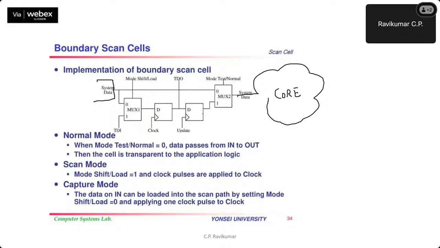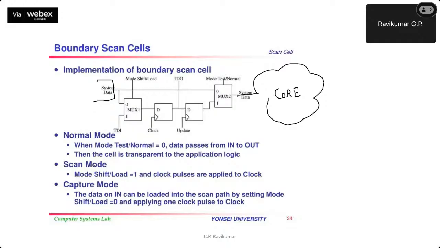So in the normal mode, test or normal is zero. That means it will allow this to go directly to this. So the boundary scan cell is not coming in the way. The data directly travels to the core logic, and the cell is transparent to the application logic. The core doesn't even know that this exists.